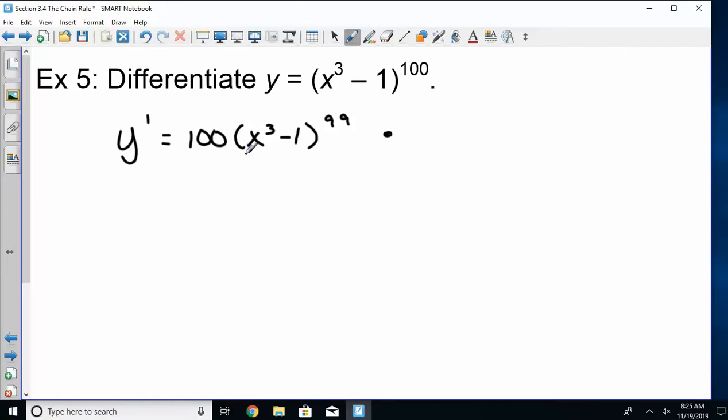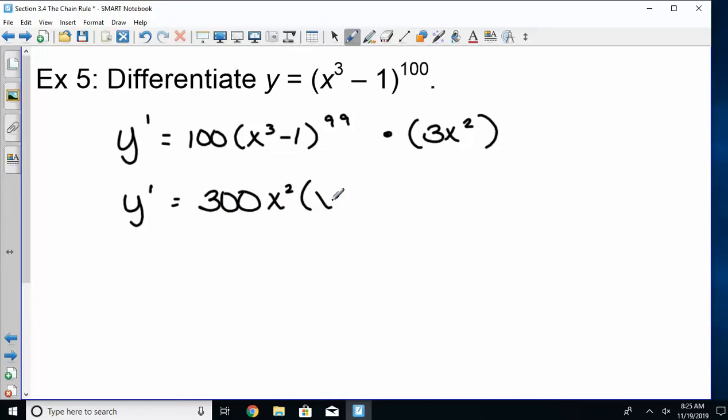Times, what is the derivative of x cubed? 3x squared. Derivative of 1 is 0, so we can ignore that. So our actual derivative is 300x squared times (x cubed minus 1) to the 99th power.